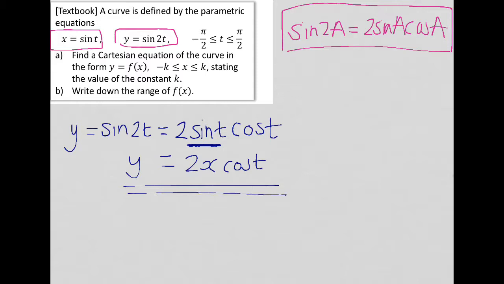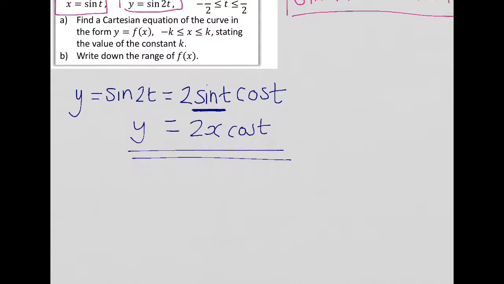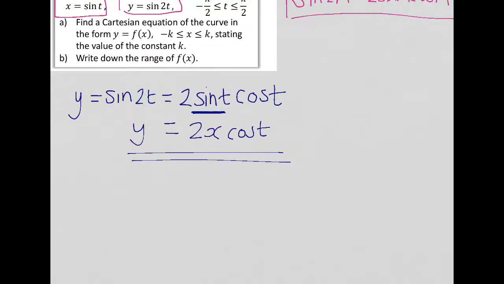Sometimes you have to just have a bit of a go, write something down, see where you end up. So I'm going to now go, well, I know that sine squared t plus cos squared t equals 1. That was me trying one idea. Here's another idea.